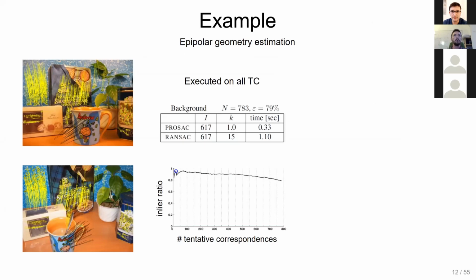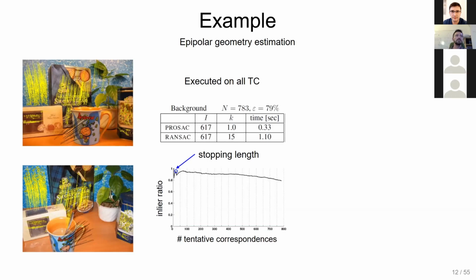So both PROSAC and RANSAC easily find all the correspondences. PROSAC does it in a single sample, and RANSAC, since the inlier ratio is high, takes 15 samples. And here the blue circle marks the length that was selected by RANSAC.